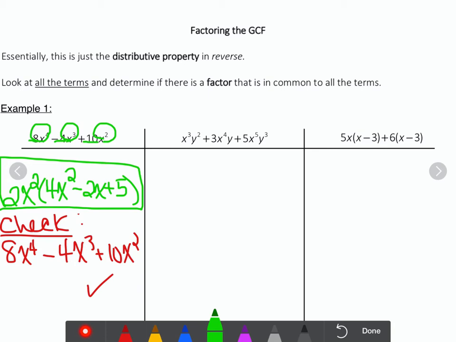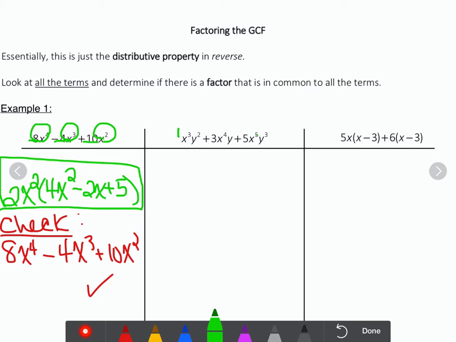Okay, we're going to do the same thing for the next two examples. So here, if I look at my coefficients, I have 1, 3, and 5. Well, there's no numerical coefficient that is going to be my greatest common factor. Really, the only number that will divide each of those numbers evenly is 1, so we don't even need to write that. Okay, let's look at the variables.